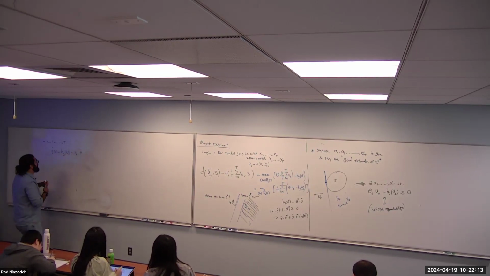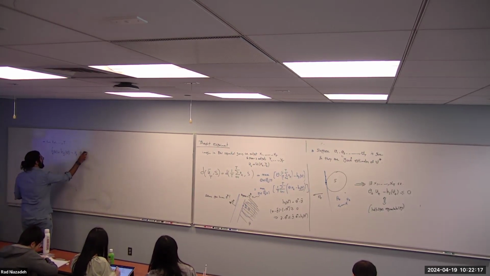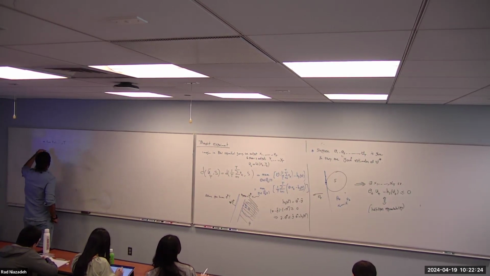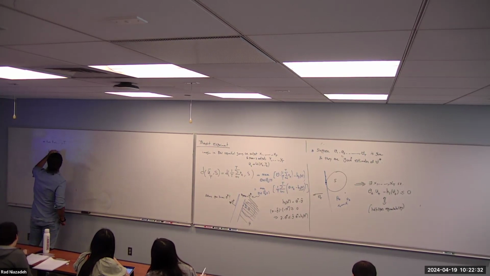Now imagine the following online convex optimization, let me be a little bit more concrete. The learner selects theta t.